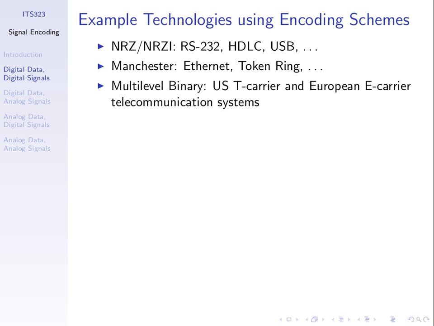What we want to finish with is where they are used. Some quick examples of where they're used in practice. USB and RS-232 serial ports are examples of using non-return to zero for sending our digital data as a digital signal. Ethernet, wired LAN, used for our computer, uses Manchester encoding.